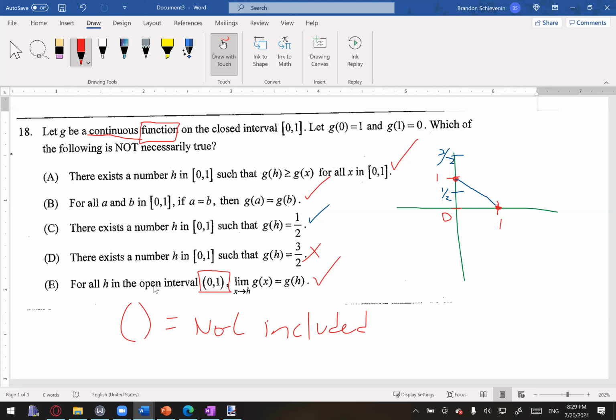We don't know anything about the limit as we approach 0 from the left or the limit as we approach 1 from the right, which is the reason why they cut off those points. Square brackets mean included.